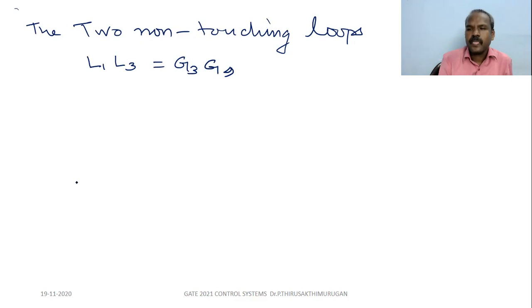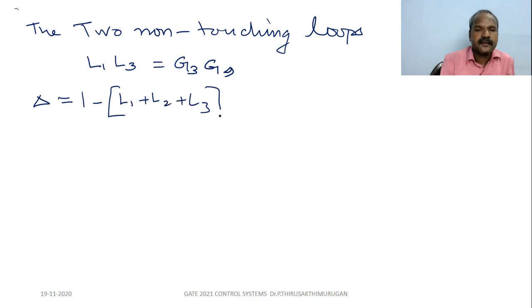So now, what is delta? Delta equals 1 minus the sum of individual loops, L1 plus L2 plus L3, plus the gain product of 2 non-touching loops, that is L1 and L3.